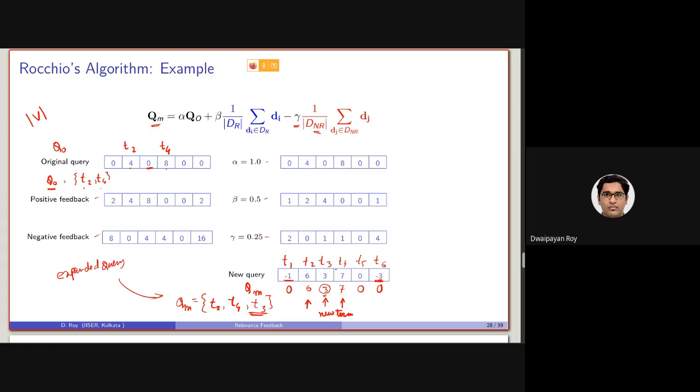But if the vocabulary size is, say, 1 million, this vector will be of size 1 million. So there will be multiple places where we get a non-zero positive value, where it was earlier zero in the original query. How many of those non-zero positive terms should be considered as expansion terms?